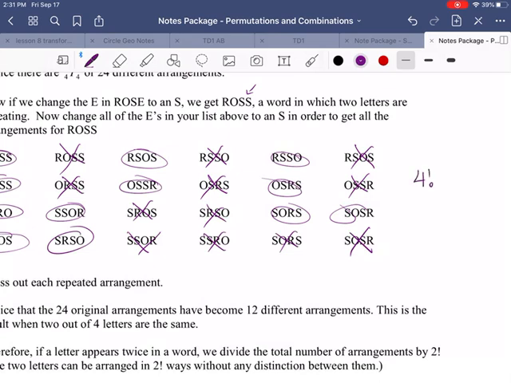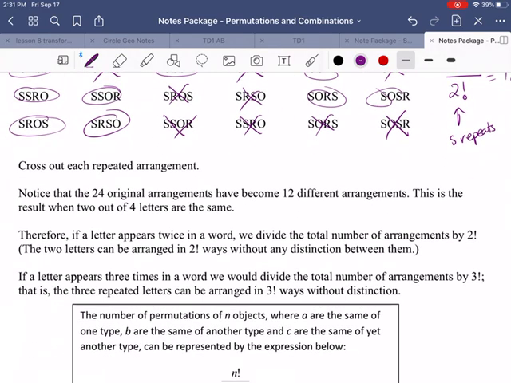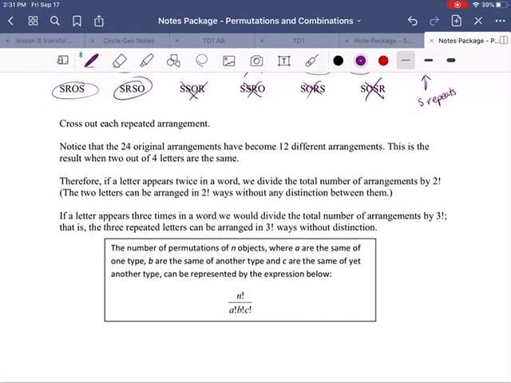So let's do 4 factorial, and we're going to divide it by 2 factorial, the ways that the S's can be arranged, okay? And we end up at 12. So the S repeats. If a letter repeats twice in a word, we divide by 2 factorial.